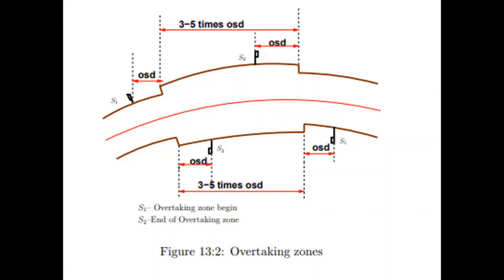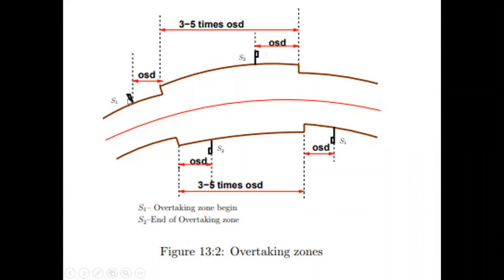Understood? Now, you can see something written here, right? S1, overtaking side distance, and so on. I'll tell you what it is. Imagine you are driving your vehicle and you're coming here.